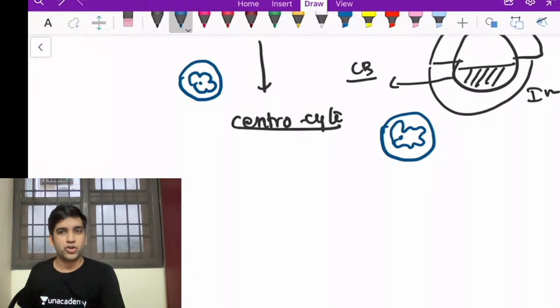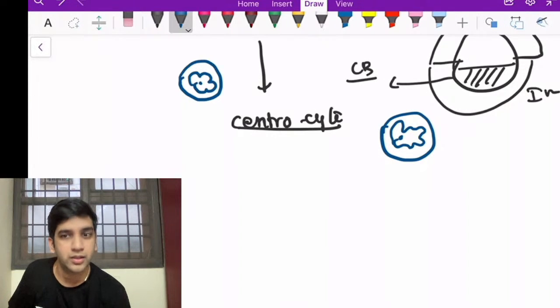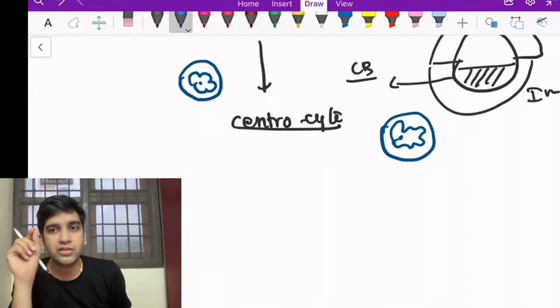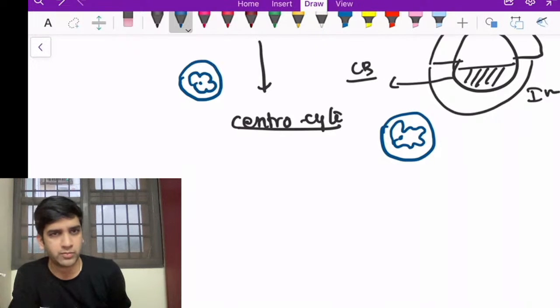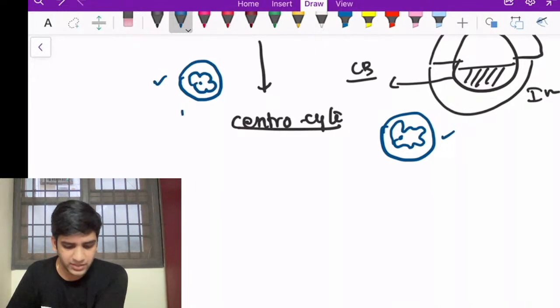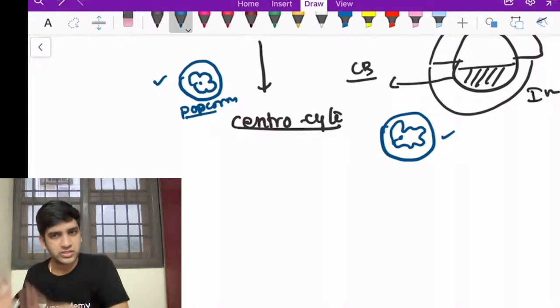Does it look like a popcorn? NLPHL, nodular lymphocyte predominant Hodgkin's lymphoma, comes from the centrocyte lineage. So whatever comes from my centrocyte lineage will have an irregular cleaved nuclear membrane. So in a follicular lymphoma, I don't call it a popcorn. In NLPHL, I do call it a popcorn. The origin is more important. If it comes from that, it will resemble that only.